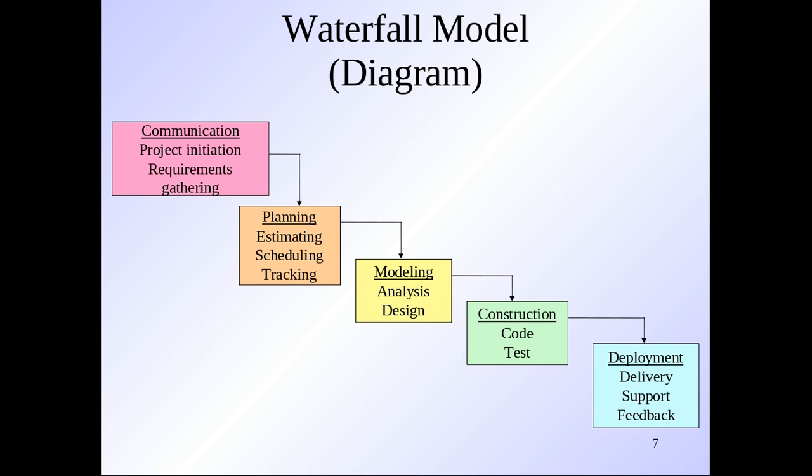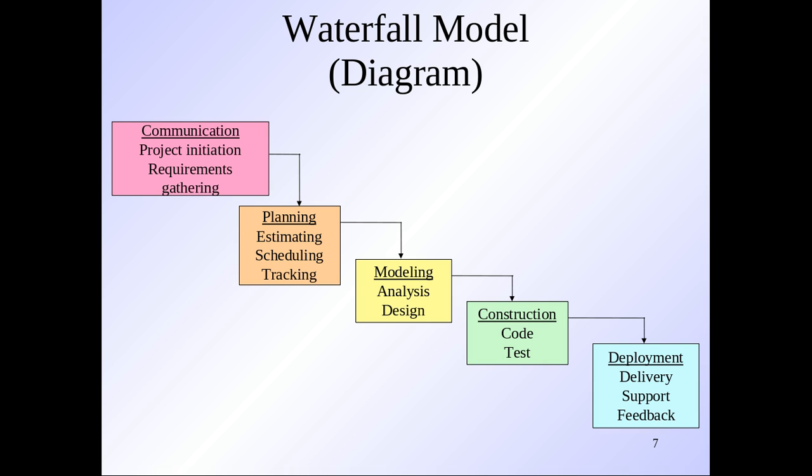According to the waterfall model, the customer must give all requirements at the beginning of the project. Whatever requirements you have to implement should be collected first, at the start of your project.